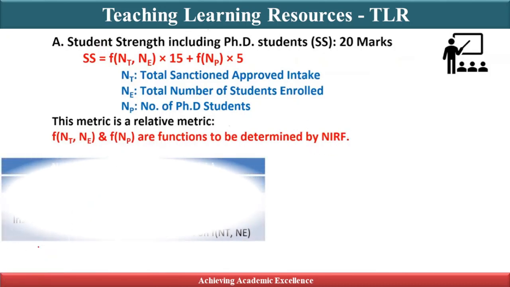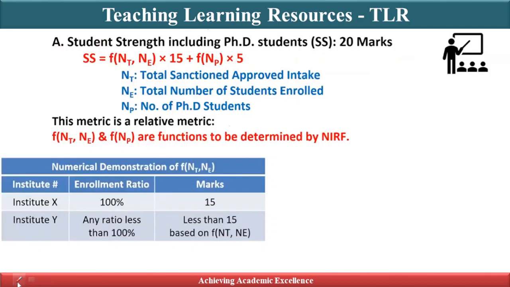For a small illustration, let me say there is an institution X which has got 100% enrollment ratio, they will get 15 marks. There is an institution Y which has got an enrollment ratio less than 100, which means they will get less than 15 marks. Of course, these functions will be determined by NIRF.